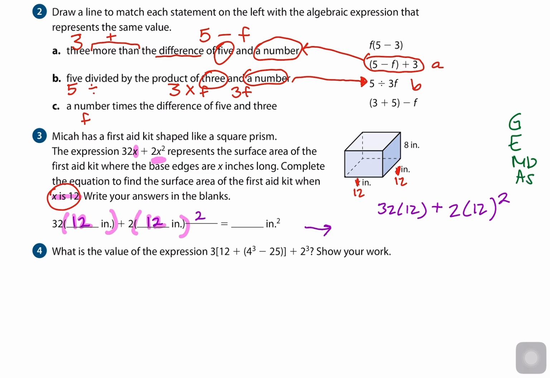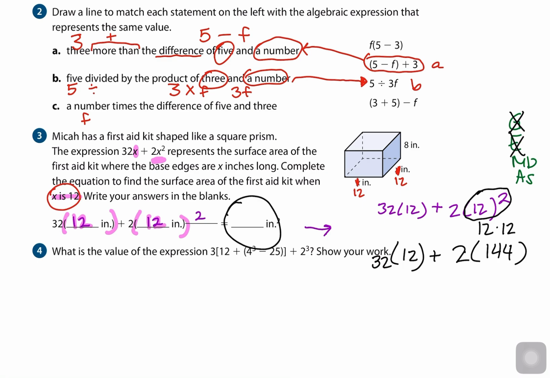Do we have grouping symbols? Yes, we do, but they're mostly for multiplying. Do you have exponents? Yes. 12 to the power of 2 is 12 times 12. Bring everything down. Okay, from here, you know what to do, right? You multiply, and then you add. And that's how you're going to get this answer right here.